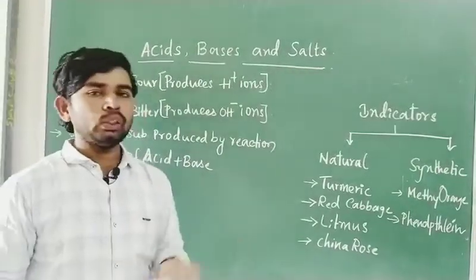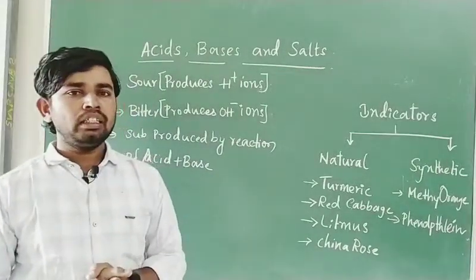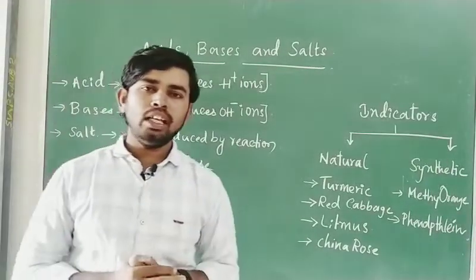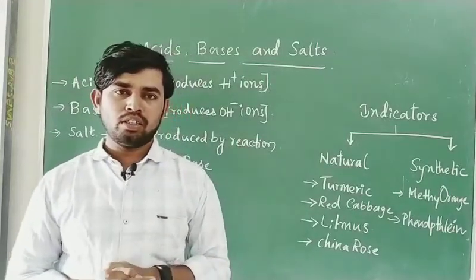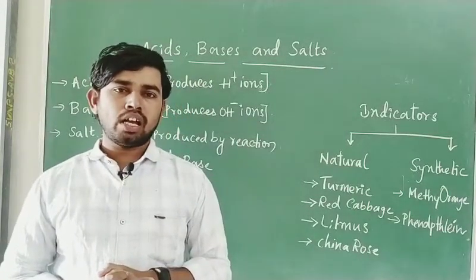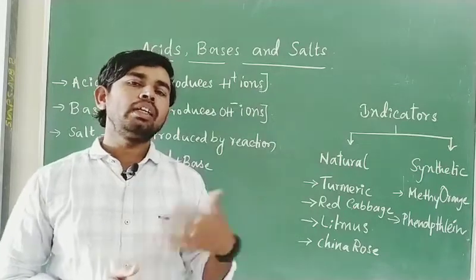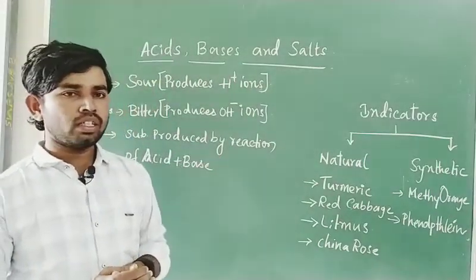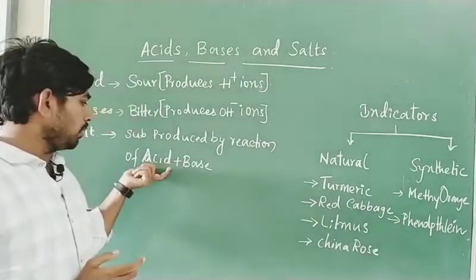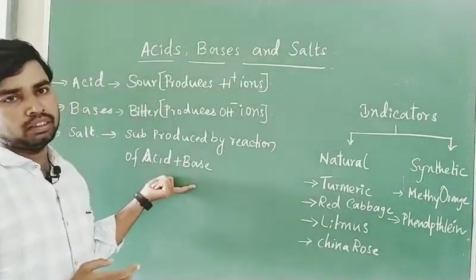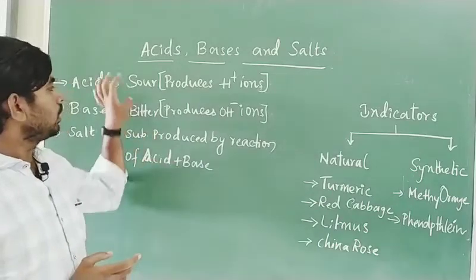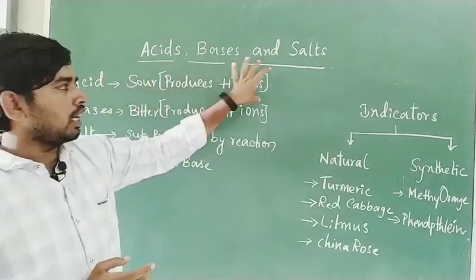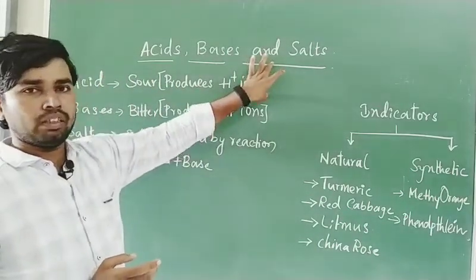That reaction, as you already studied, we call a neutralization reaction. Acid reacts with a base to form a salt and water. That is called a neutralization reaction. So where do we get salt? By the reaction of acid and base. So acid means sour in taste, which produces H plus ions in the presence of water.